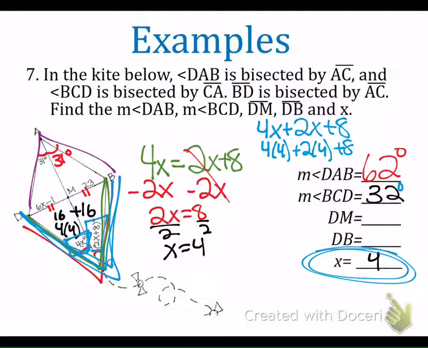Now, how am I supposed to find these two? Any ideas? I know that this is being bisected as well. So there's actually two ways to go about this. I could write a new equation: 6x minus 1 equals 23.